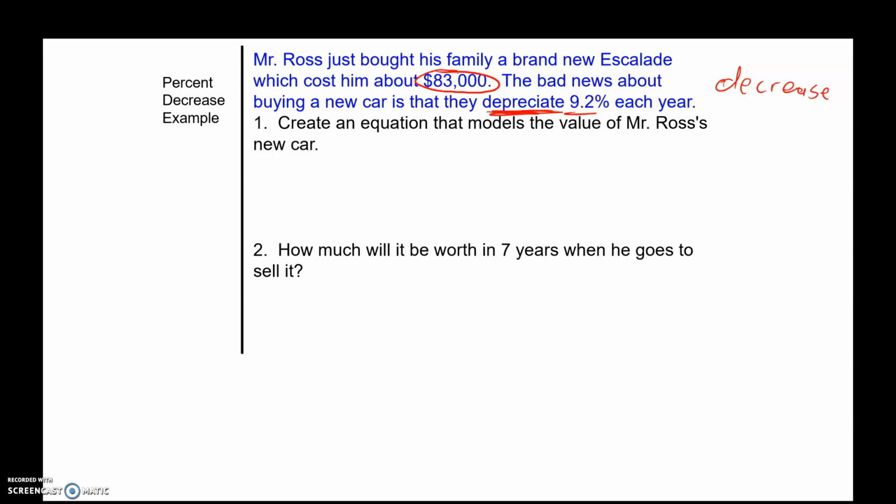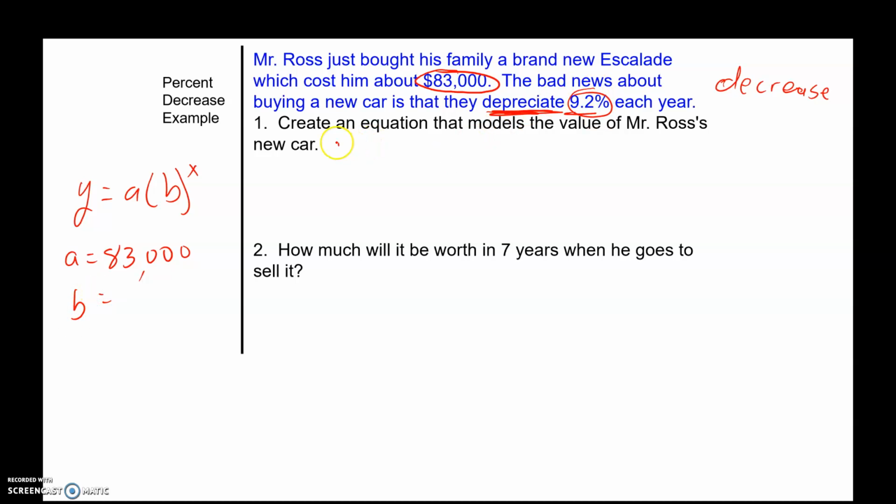So we need a multiplier. Now, if you've forgotten, our exponential situation whenever we're dealing with percentages is this guy. So we've got the starting value. Our A is 83,000. What we do not have is the B. We don't have the multiplier. Well, we know it's losing 9.2%.